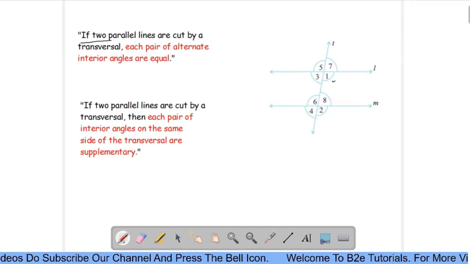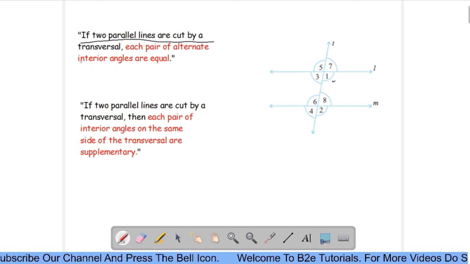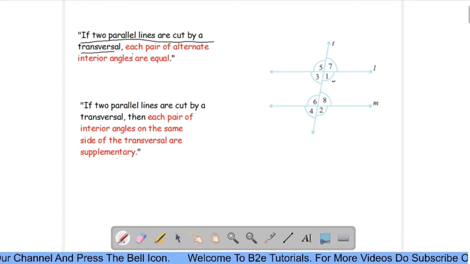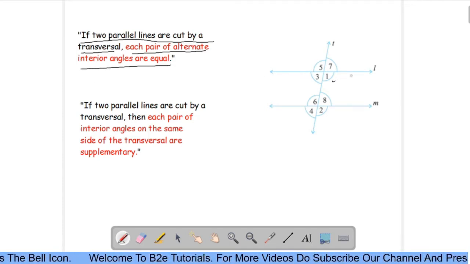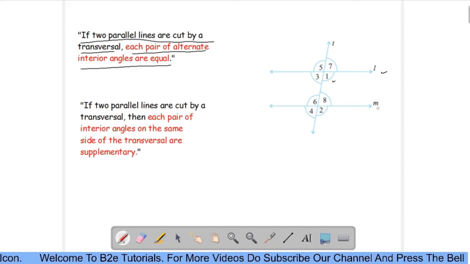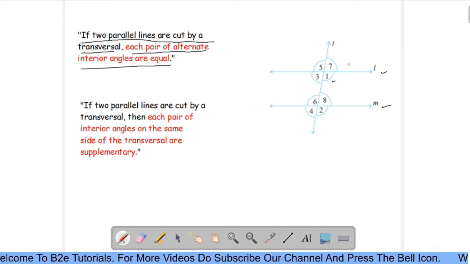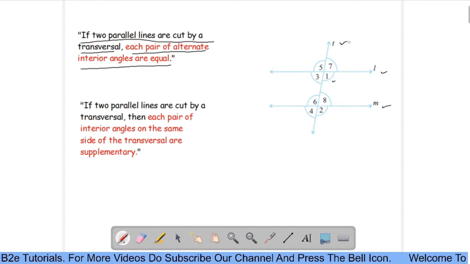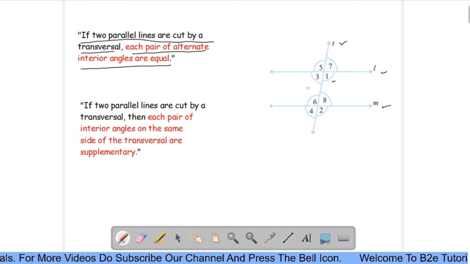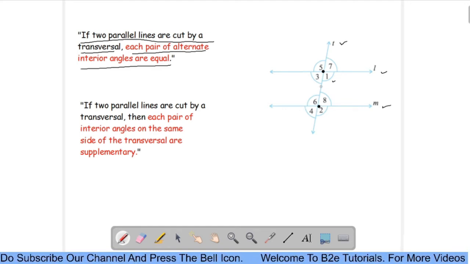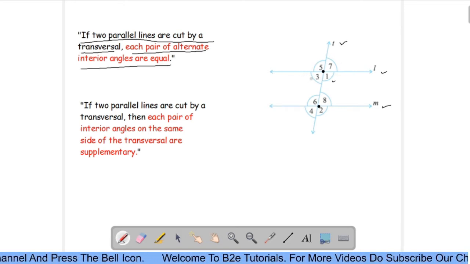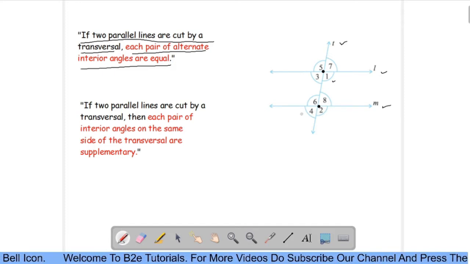Here if two parallel lines are cut by a transversal, then each pair of alternate interior angles are equal. Here lines L and M, they are parallel to each other, intersected by a transversal T at this point and at this point, forming 8 angles, that is angle 1, 3, 5, 7, then 6, 8, 2 and 4.